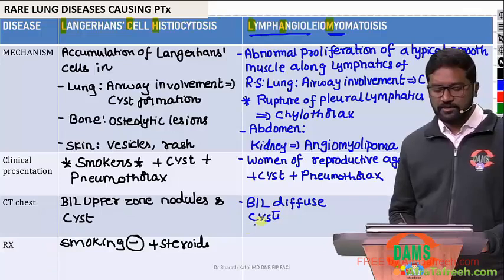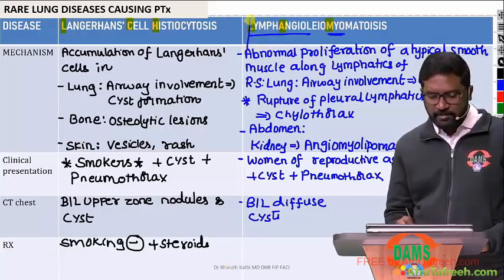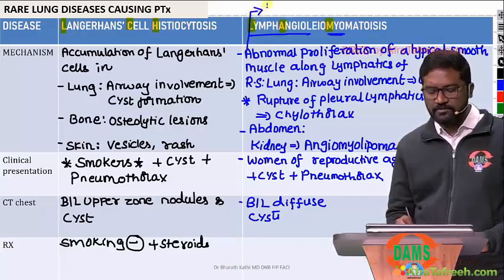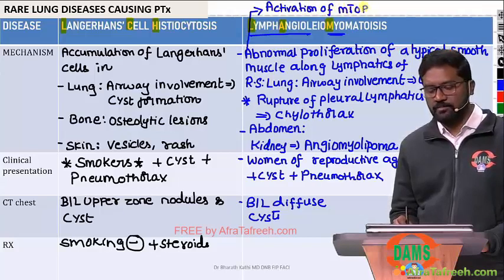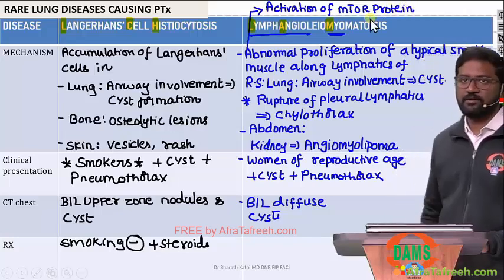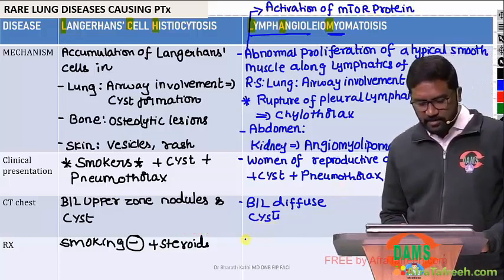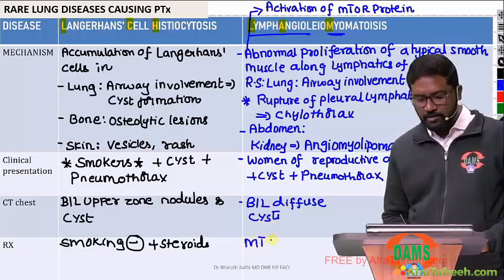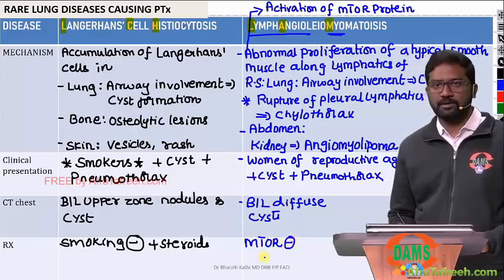Now coming to the treatment, recent studies have shown that this abnormal proliferation was due to activation of a protein called mTOR protein. So now the treatment is mTOR inhibitor.